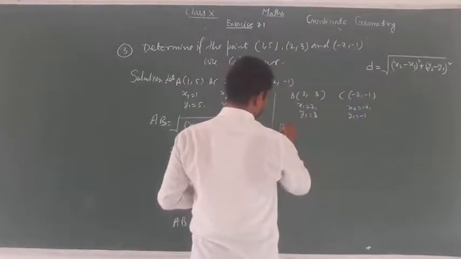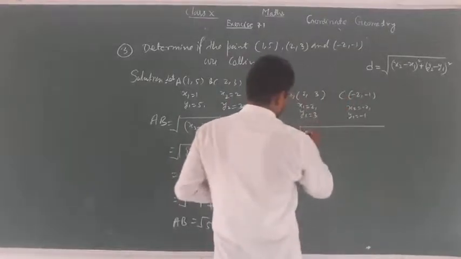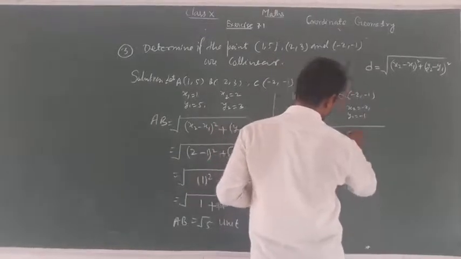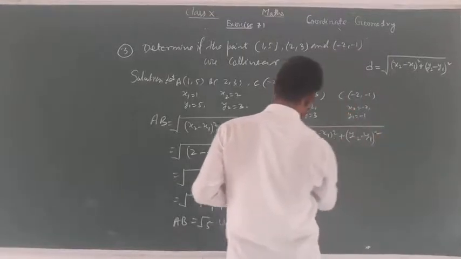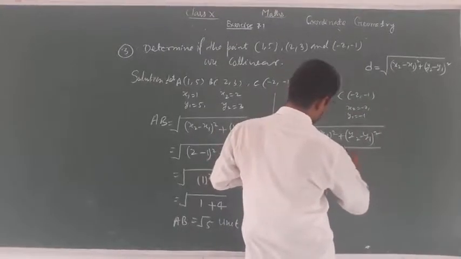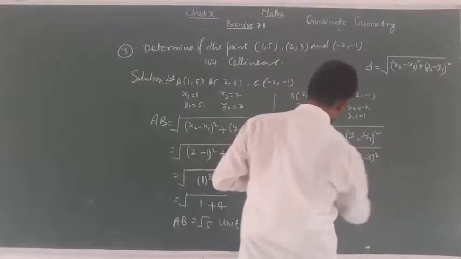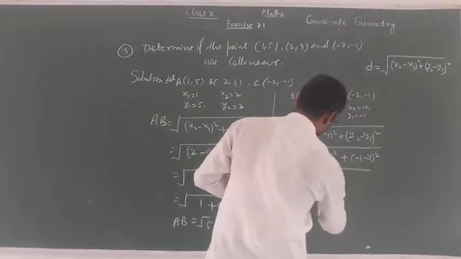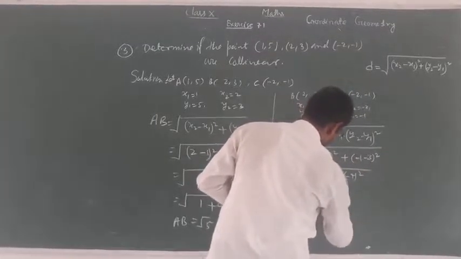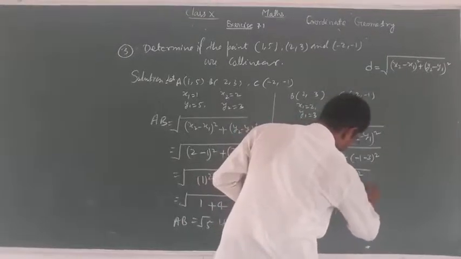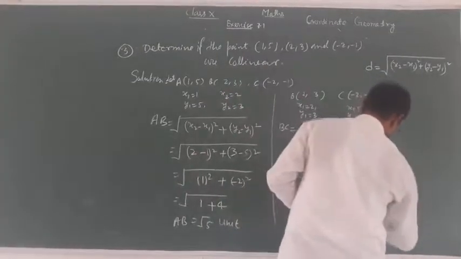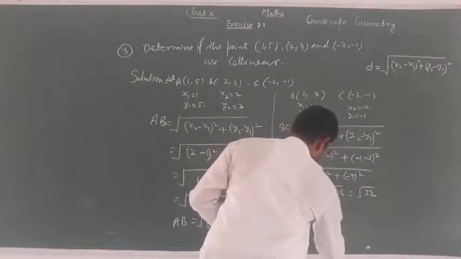Now distance BC is equal to the square root of (x2 minus x1) squared plus (y2 minus y1) squared. Now put in these values: (-2 minus 2) squared plus (-1 minus 3) squared. So this is (-4) squared plus (-4) squared. So square root of 16 plus 16 is equal to square root of 32 units. So BC is equal to root 32.